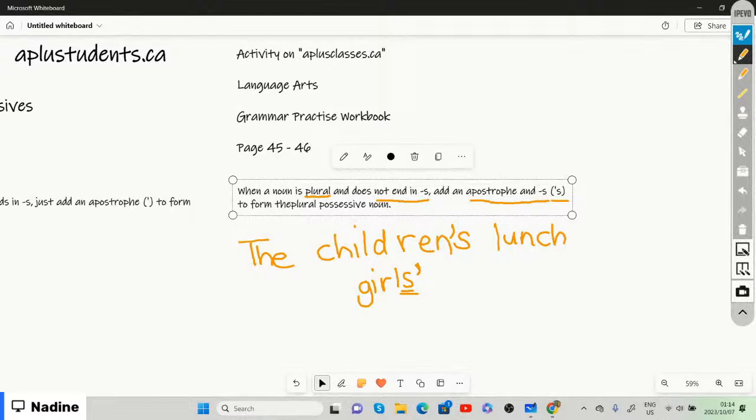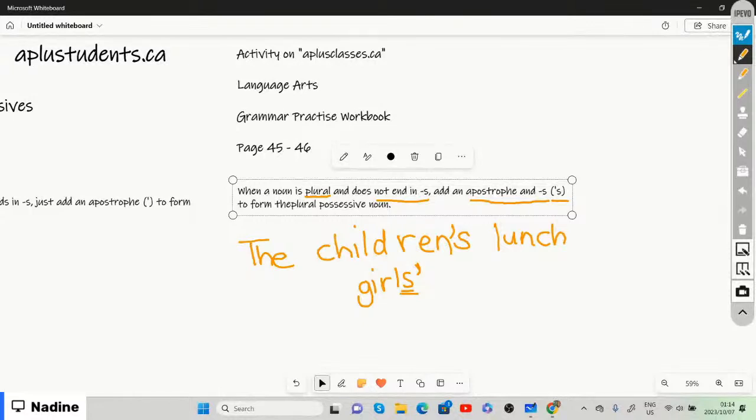And remember, if it doesn't have an apostrophe, an apostrophe and S, or an apostrophe at the end, then it's not showing possession or a possessive noun, because now it is just a plural noun. It just refers to it being more than one.